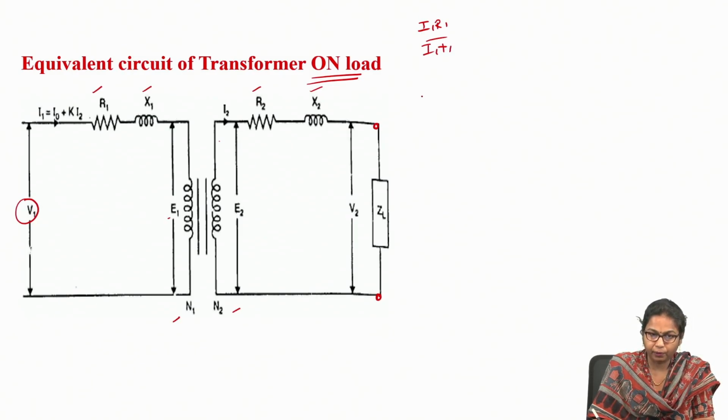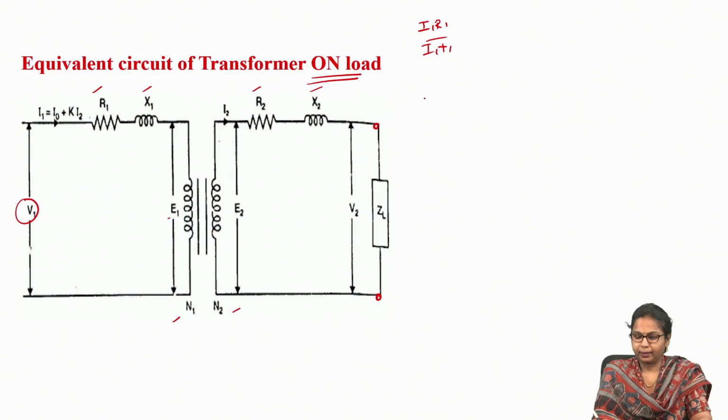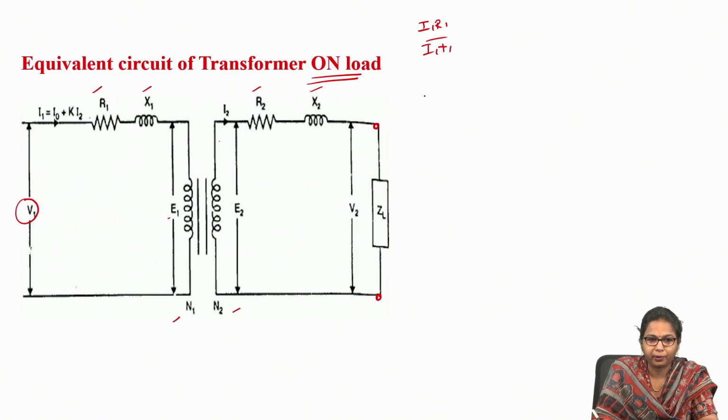As we know, even from the ideal transformer, because of Lenz's law, V1 and E1 will be opposing each other. So here I am writing V1 is equal to minus E1 plus I1 R1 drop plus I1 X1 drop.